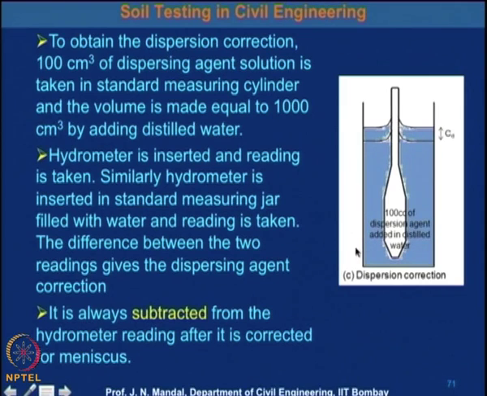One time you take the reading with simply distilled water, the other time with the dispersing agent, and then you take the difference between the readings. It is always subtracted from the hydrometer reading after it is corrected for the meniscus. So, these are the corrections required for this analysis.